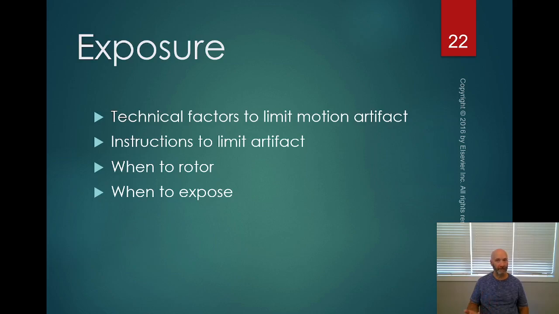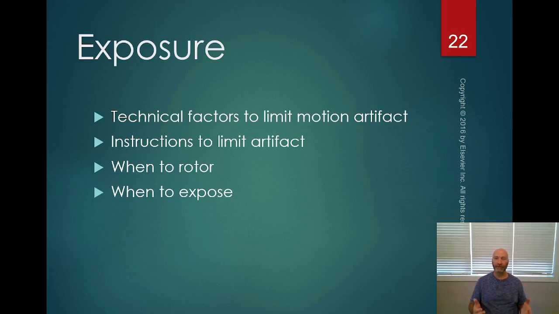It seems pretty obvious, tell the patient to breathe, but don't take anything for granted. Make your exposure after the patient is perfectly still, after you've made final eye contact to make sure the patient didn't move. I've had patients who, as soon as I took my hand off of them for a chest x-ray and went around to the control panel, turned around and followed me around to the control panel.